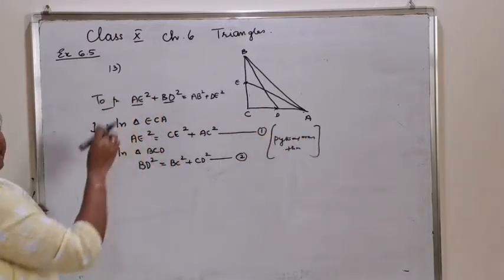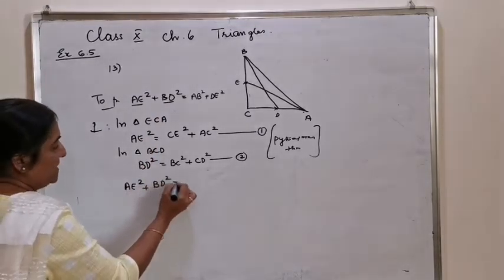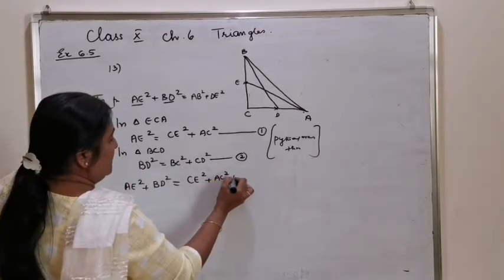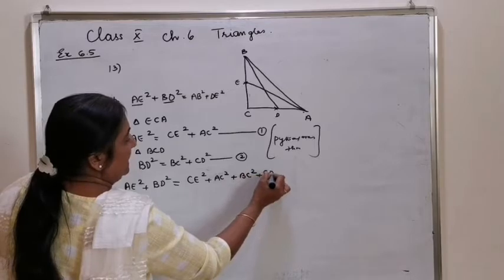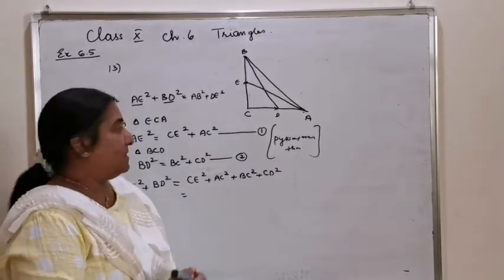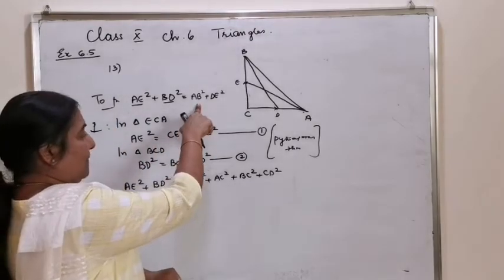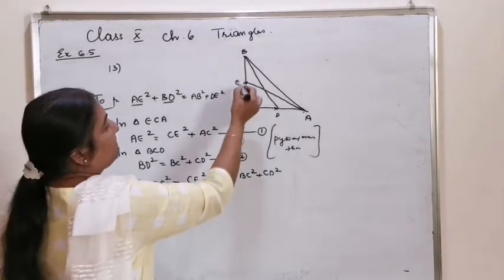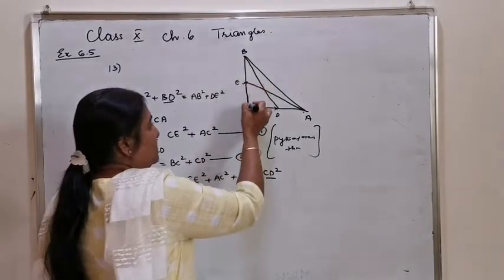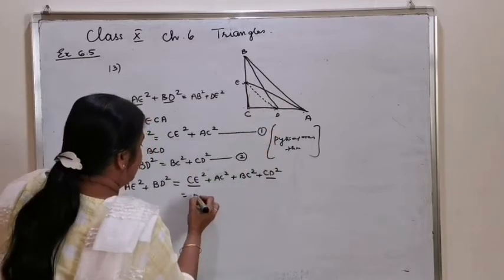The left hand side needs addition, so adding equations 1 and 2, AE square plus BD square is the same as CE square, AC square, BC square and CD square. Like the previous problem, you just arrange in such a way that you are getting the right side answer. So, CE square and CD square will add up to DE square.